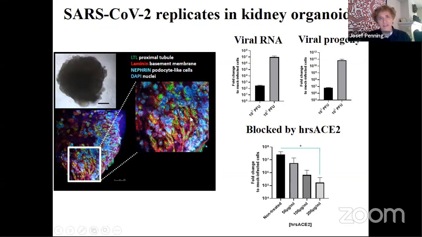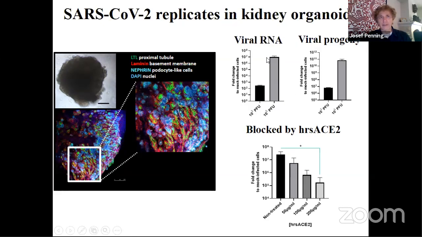Her kidney organoids are very interesting because they have proximal tubules which express ACE2. With an organoid, there might be different types of maturity. So if you use organoids for COVID-19 research and infection, we need to make sure ACE2 is expressed, and of course other molecules which facilitate entry into the cells. Different types of organoids might have different expression levels.